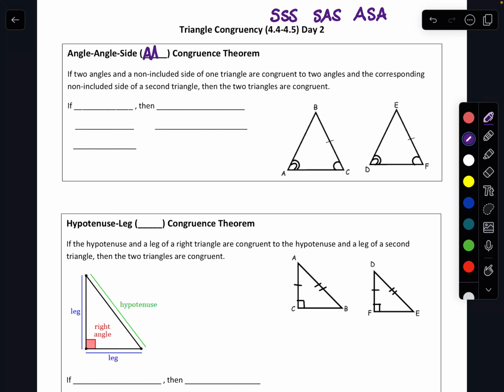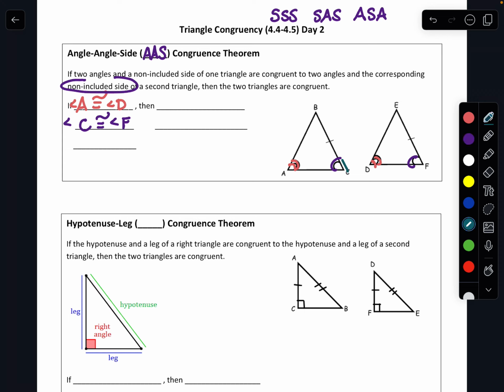So the angle, side theorem. What that one says is if you have an angle like A and D that are congruent, and you have C and F that are congruent, and a non-included side.